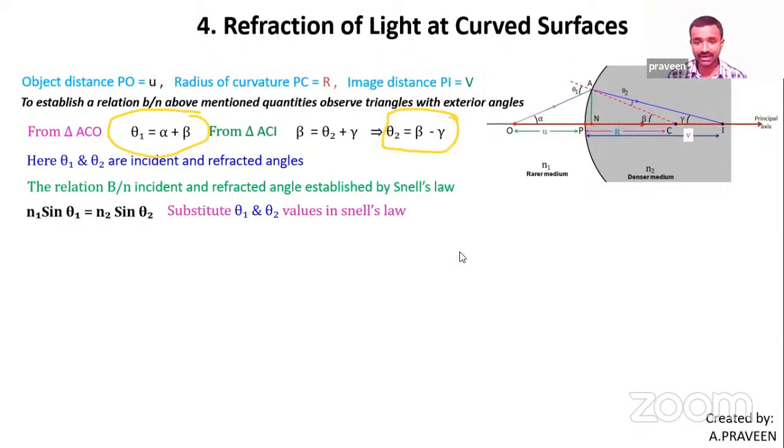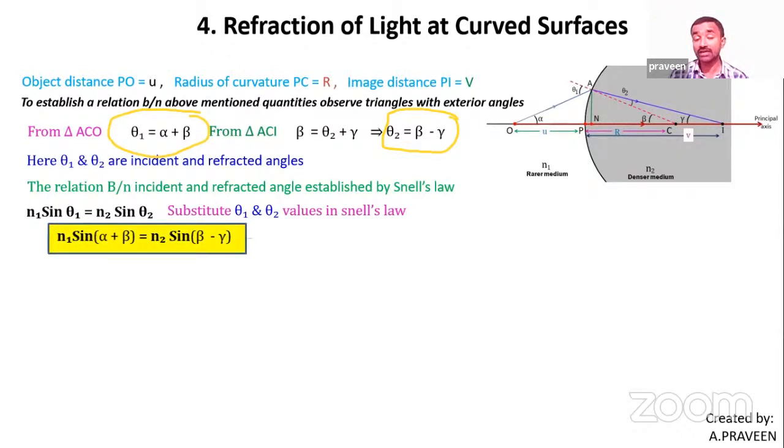So I can write the relation as n1 sin (alpha plus beta) equal to n2 sin (beta minus gamma). I got a relation using the angle of incidence and angle of refraction values as theta 1 and theta 2. This equation I am representing as equation 1.